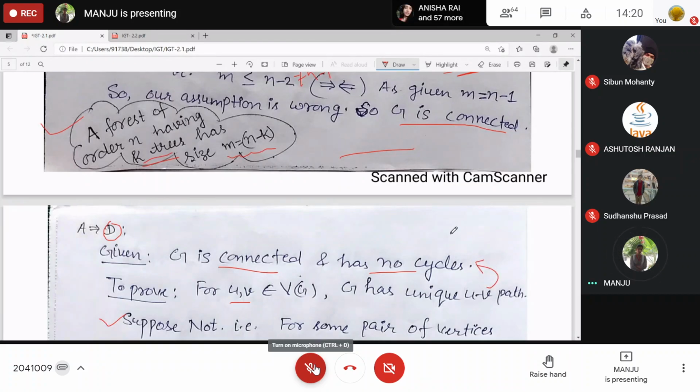How to prove? Prove by contradiction. By contradiction, you can also prove this. G is connected, obviously. Why is it?